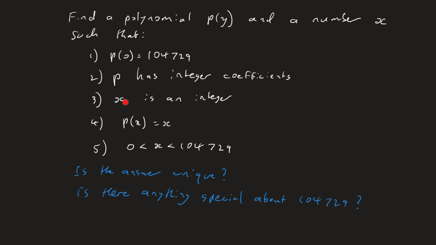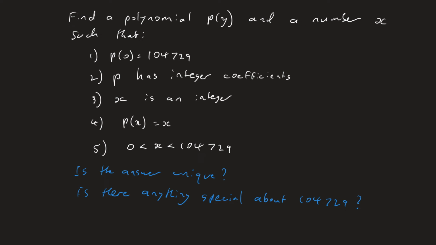We're looking for a number x, which is itself an integer. This integer x satisfies p of x equals x, and x must lie strictly between 0 and 104,729, the same number as here.